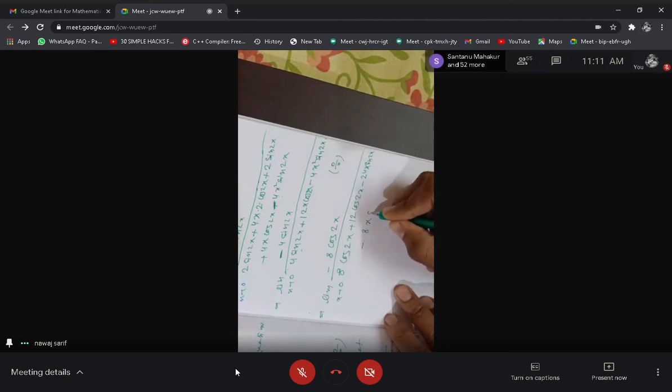Okay, and then in this case minus 8x sin 2x and minus 8x square cos 2x. Okay, now apply the limit. What will be the limit?